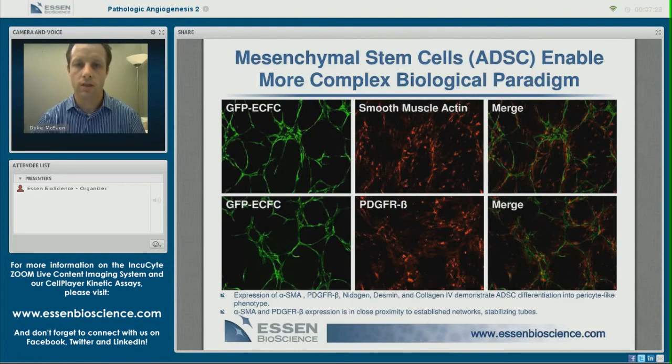You also see that the smooth muscle actin is not present in the spaces where there are no tubes, indicating that it is the endothelial cell-ADSC contact that is important for the induction of the smooth muscle actin staining. This is similar with PDGFR beta, where the ADSCs that are in close proximity to the endothelial colony forming cells are expressing PDGFR beta, another known pericyte marker.